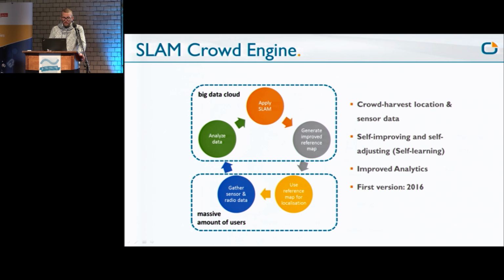One step further, and also a disclaimer, this will be released by us. We're talking about the SLAM crowd engine. All of us walk through buildings with our phone in our pockets every day. What we could do is create fingerprint data for all of us walking through buildings without anyone entering any manual input.